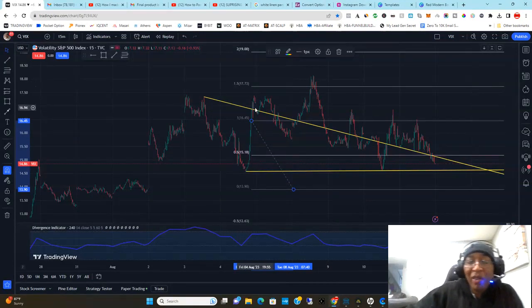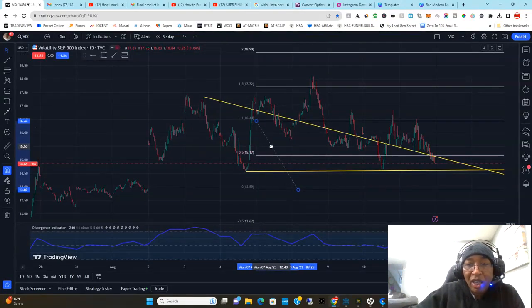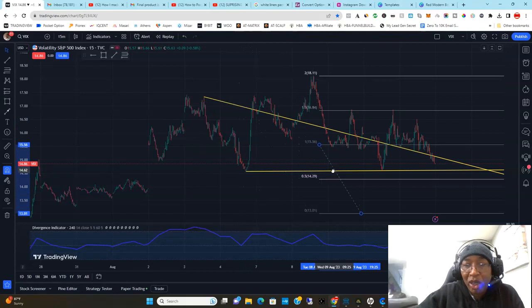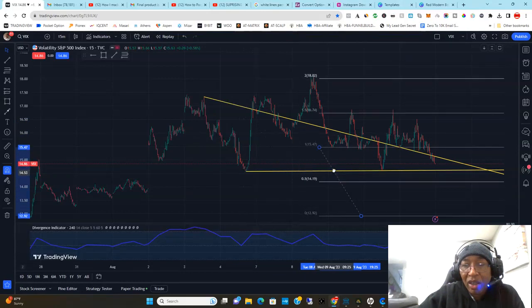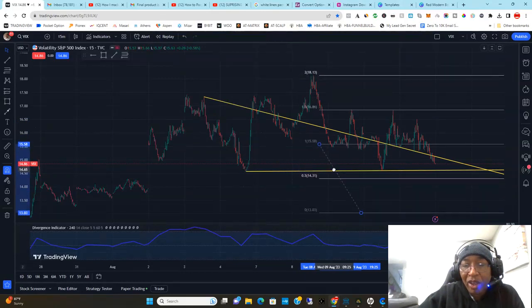So now here we have a valid triangle. See, that was the first. So that is our test. Then if we came and took a trade here, that didn't hit take profit. This hits take profit. Okay, this would have been a cool signal right here.